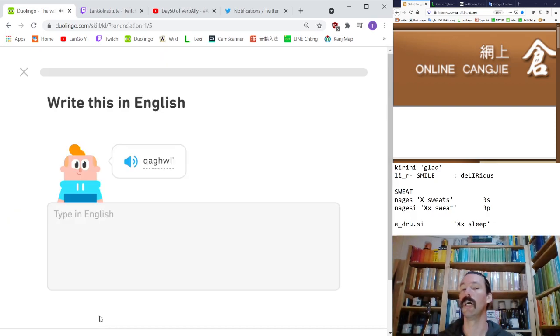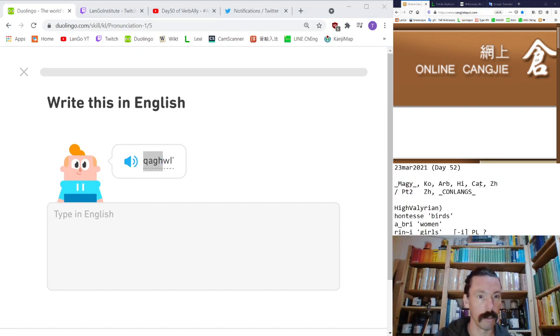Kahwit. Ka-wit. And I think the syllable structure that the designer has in mind. So we did H vowel, and now we're doing T, L, H, Klingon.